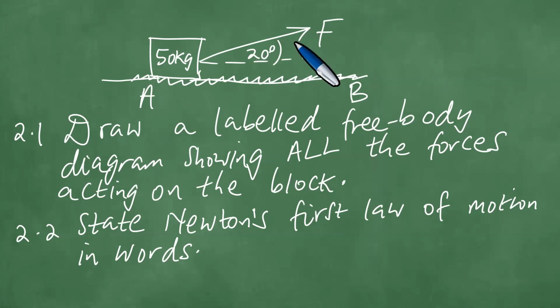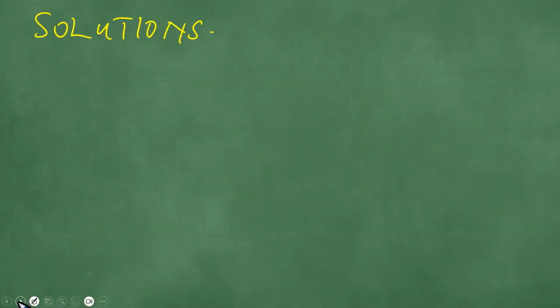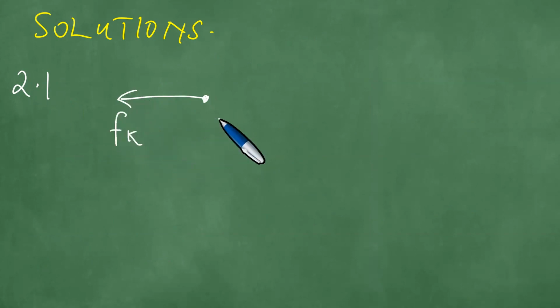Right, so if we actually have this particular setup and want to draw a labeled free body diagram showing all the forces acting on the block, 2.1, so we have the free body diagram. In the reverse direction is the kinetic friction. Straight up is the normal force.